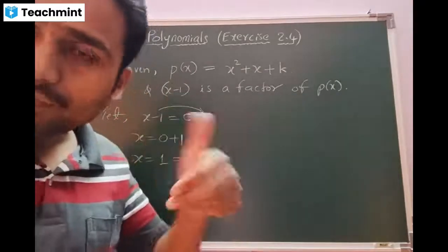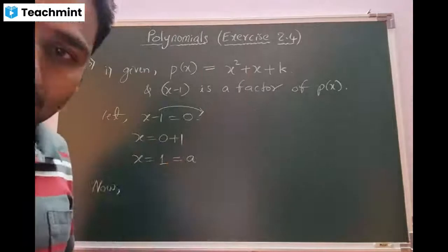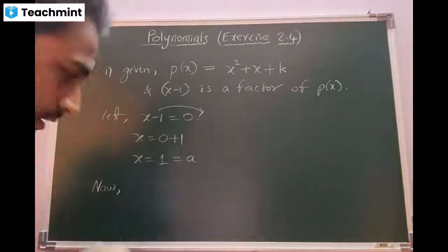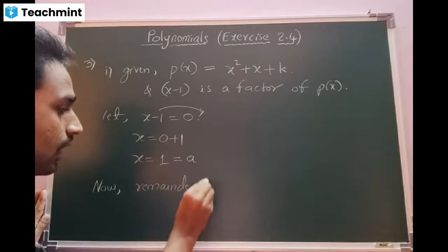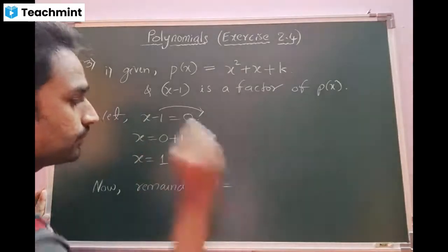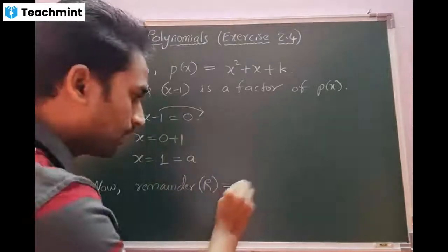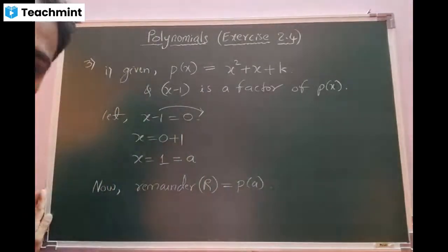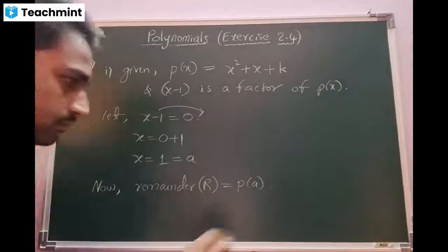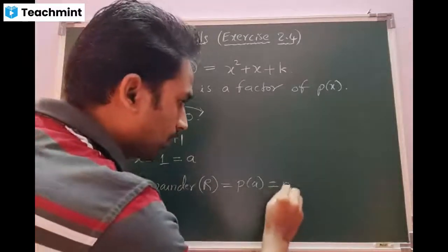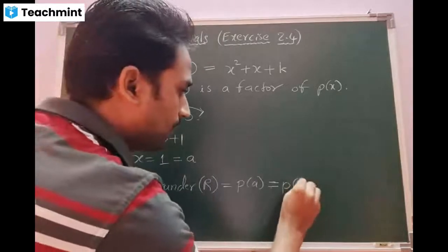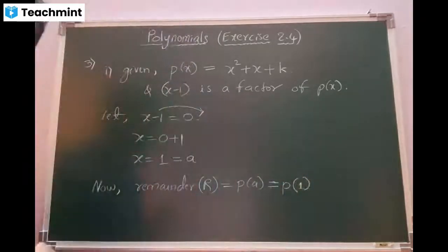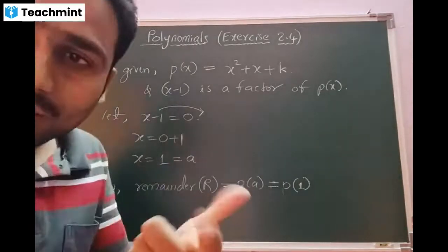Now I'll go to the remainder theorem, which we have studied earlier. Remainder R is equal to p of a, which is nothing but p of 1. Now look at the concept we learned in the factor theorem.